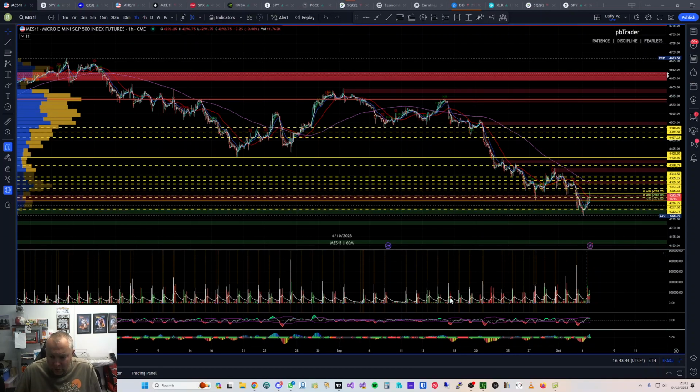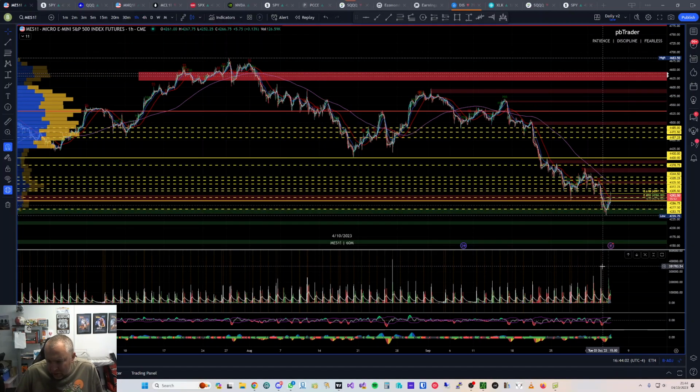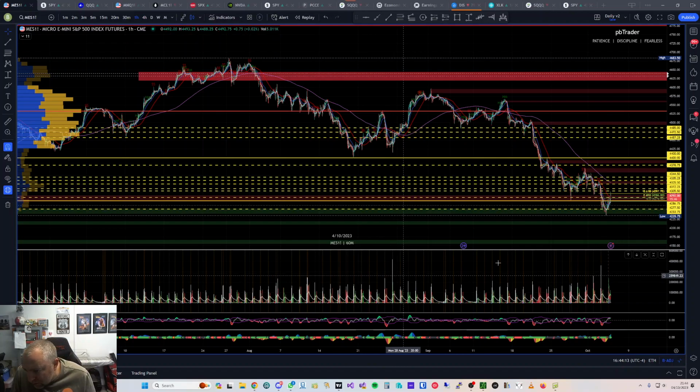The last time we had one was here, in August, and when we had that volume bar we had a reversal, so it came in and we reversed. Then let's go back further to see when we had another volume bar. What I'm looking at is the height of that volume bar, which is around 3.5 million contracts, and this one here is, that's millions, I think, yeah.